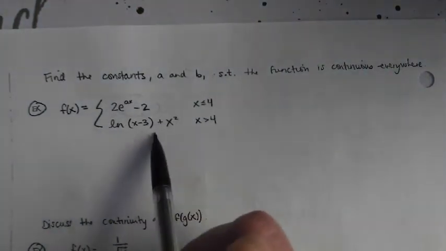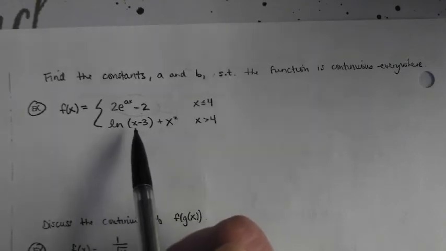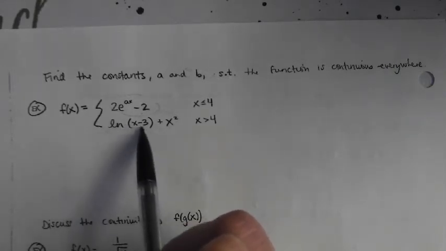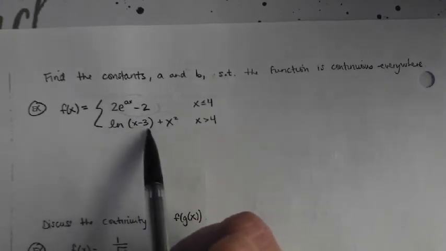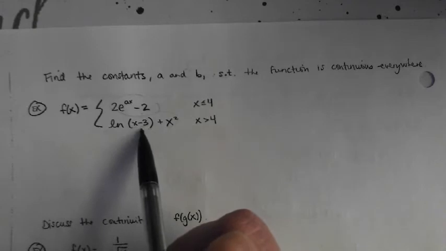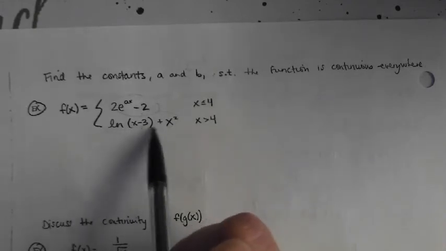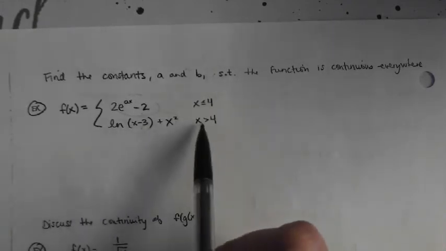Log functions are not continuous everywhere, right? This one is only continuous beyond 3, agreed? 3 would give you a 0, which would be a problem, and anything less than 3 would give you a negative number, which would be a problem, because we can't take the logs of those types of numbers. But anything greater than 3, this is fine, and this is only restricting it to greater than 4 anyway.